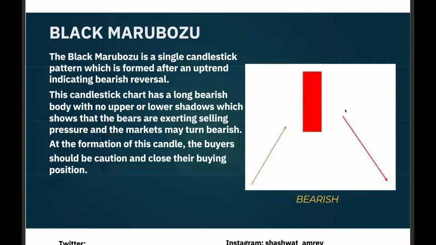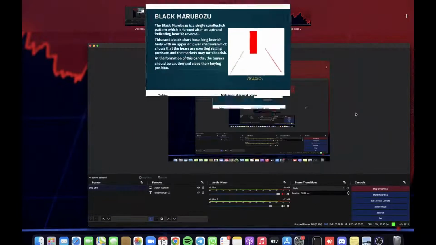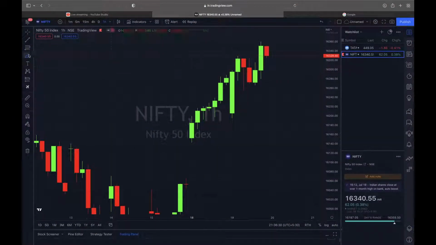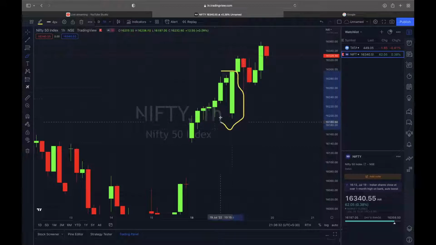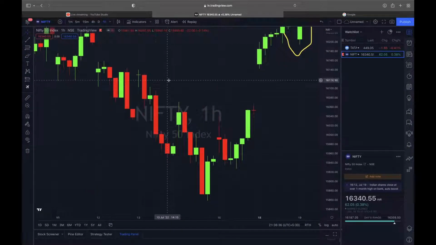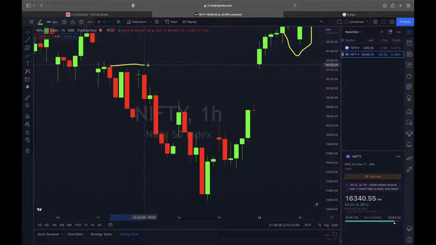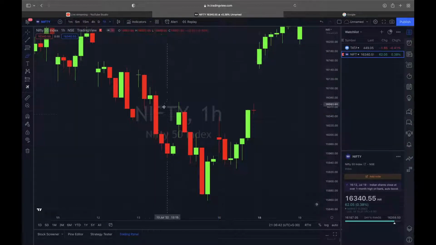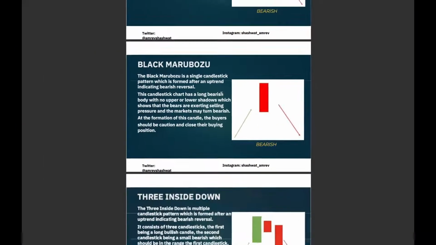So white will show you upside move, black will show you downside move. A single big candle like this, upside move. Let's see a big red candle. Big red candles, downside move. So black Marubozu, white Marubozu.